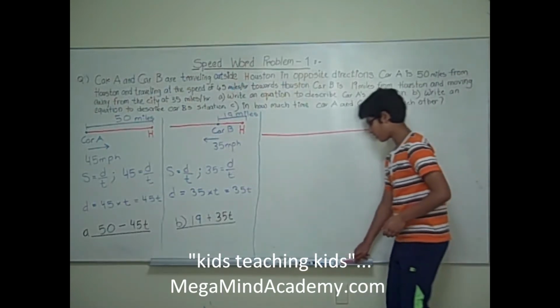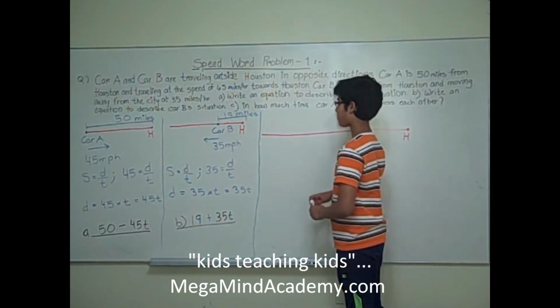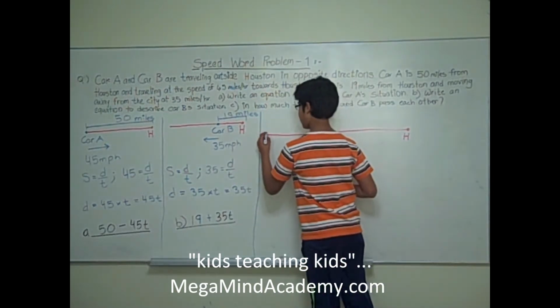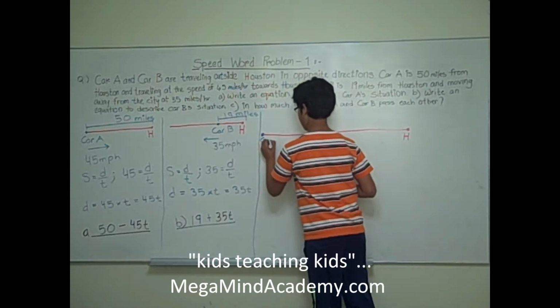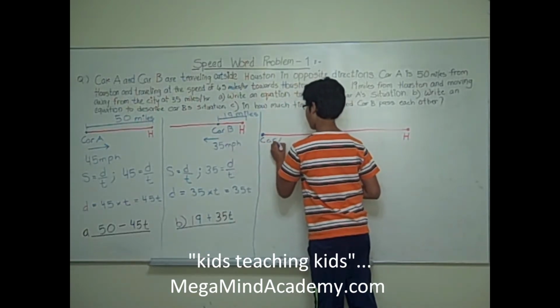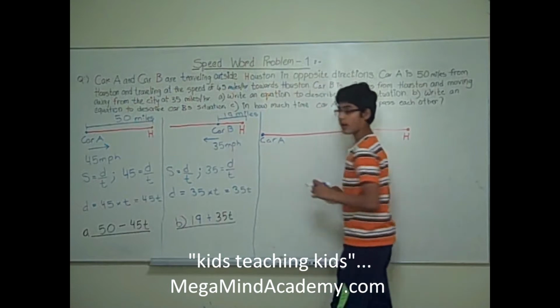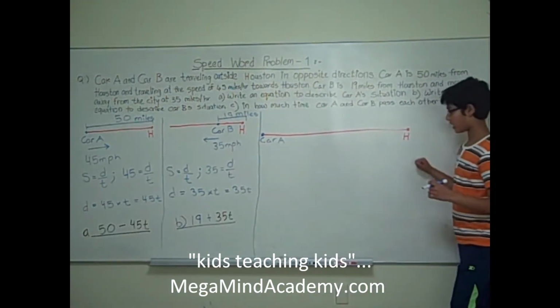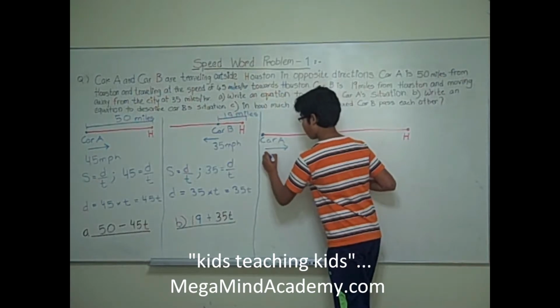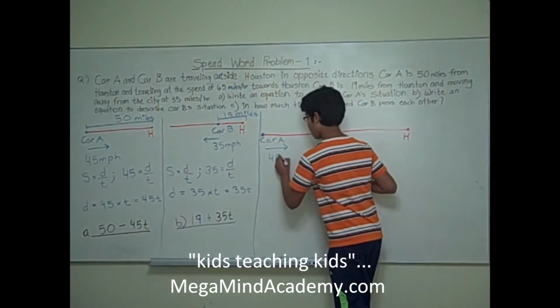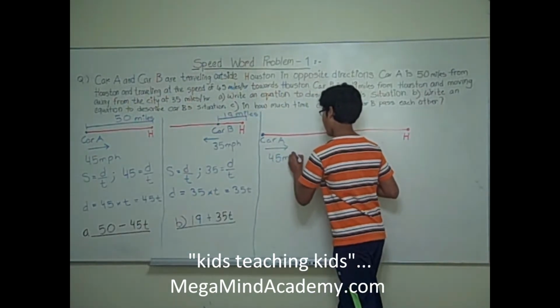Car A is right here. So, this is car A, and it is traveling towards Houston at 45 miles per hour.